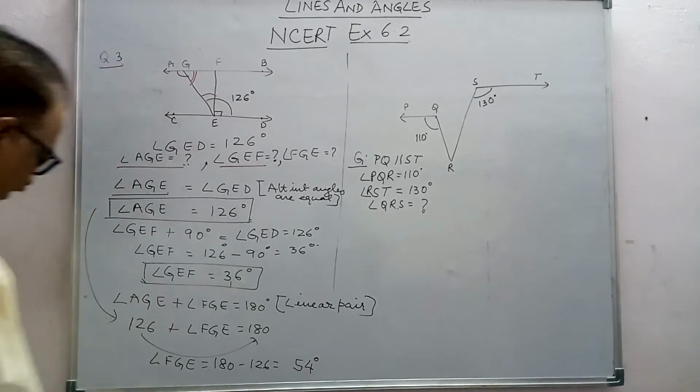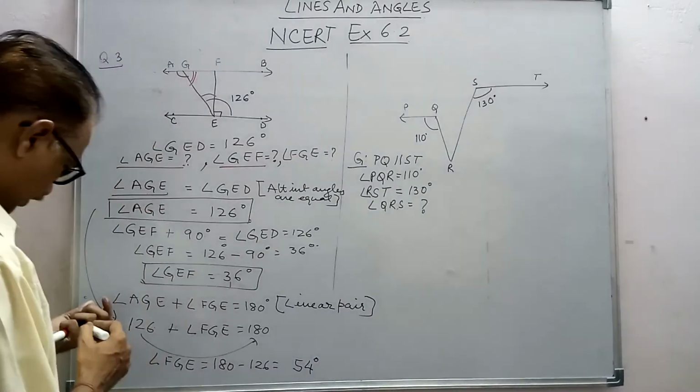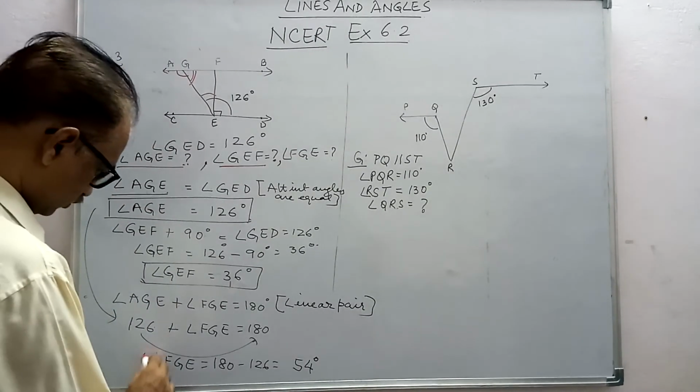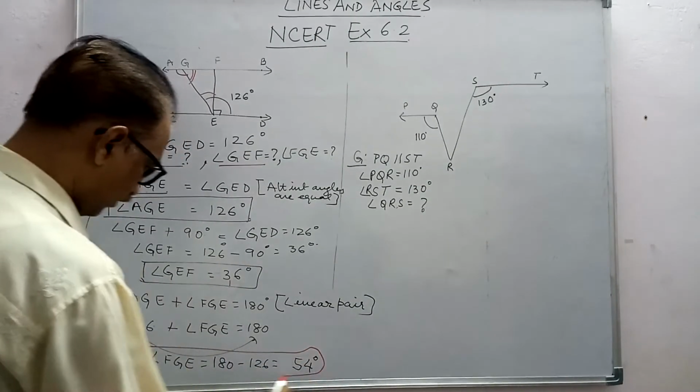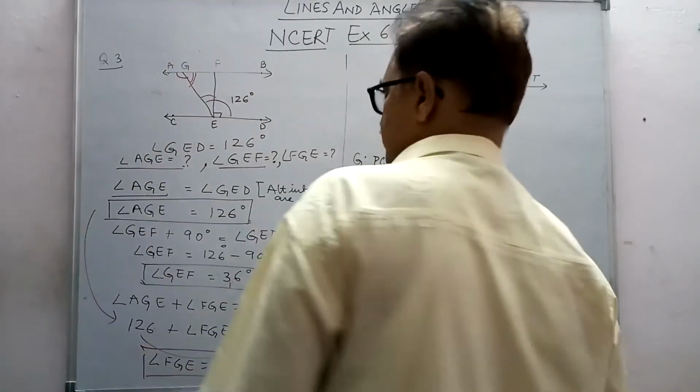So angle FGE is equal to 54 degrees. Like this way we have calculated all the parts here.